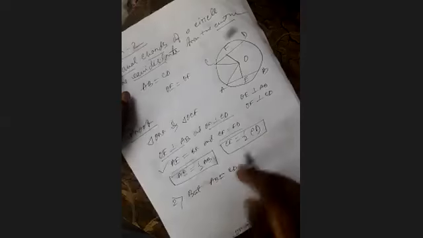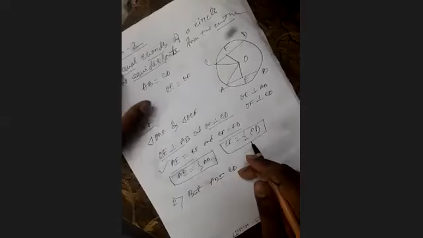But step 2, you know AB equals CD, because it is given in the proposition: equal chords.